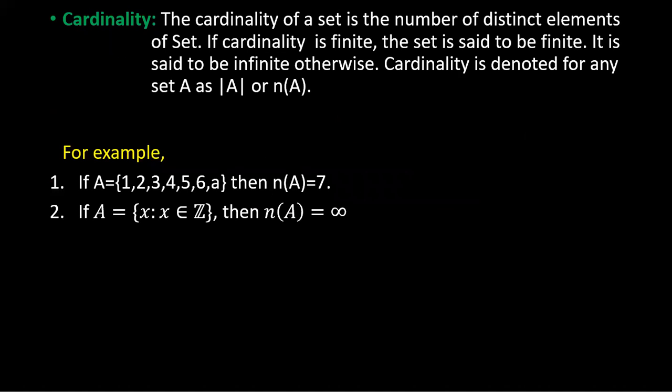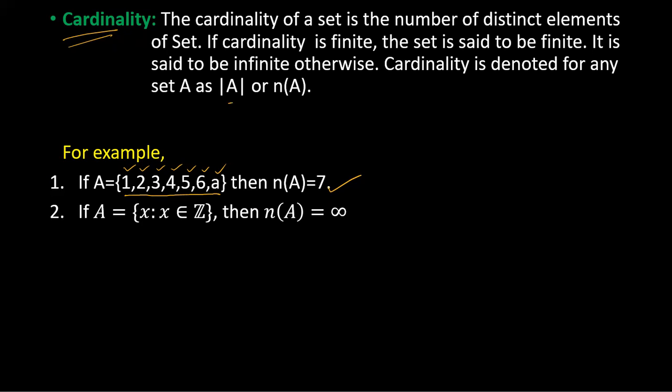Cardinality. This is important. Cardinality is nothing but the total number of unique elements or objects in the set. See, in this set, how many elements are there? We can count 1, 2, 3, 4, 5, 6, 7. So the total number of elements is 7. So the cardinality of A is 7.